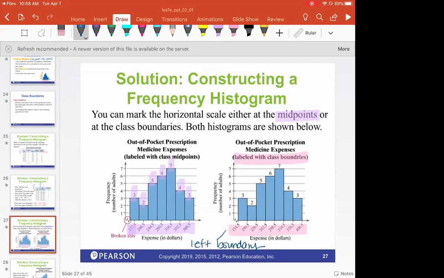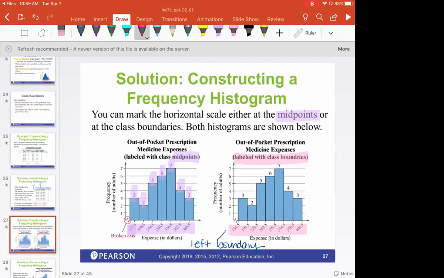They're on the left because we're working with our lower ends, our lower bound of our class. And we have the same graph. So that first one deals with midpoints. That second one works with labeled class boundaries. I think midpoints is something that we can easily work with, or choose a favorite and we can work from there.